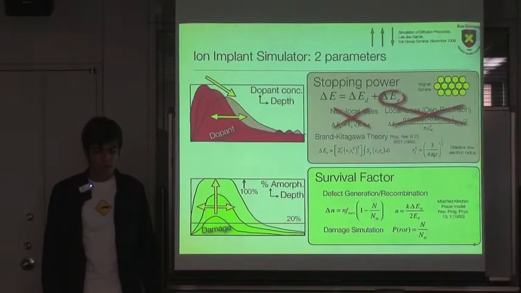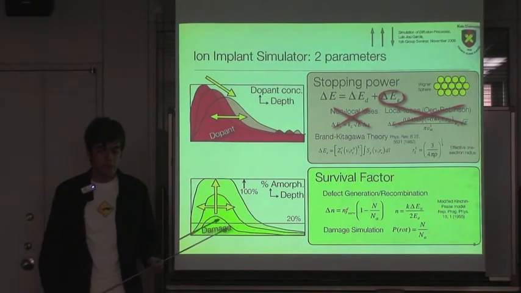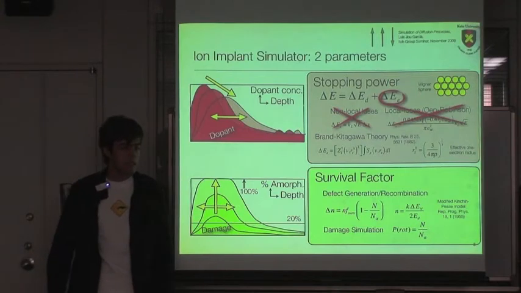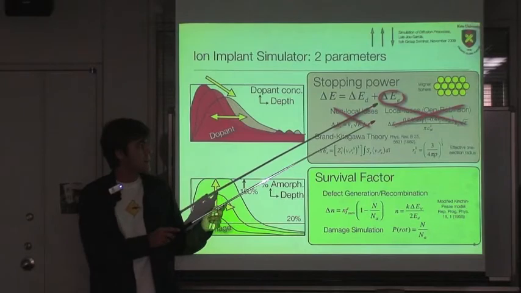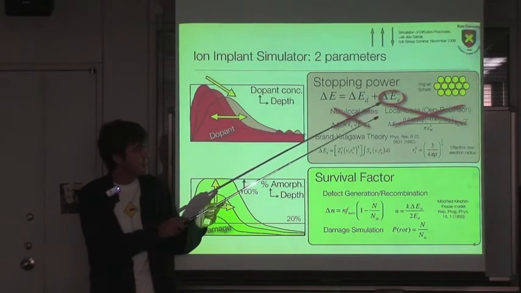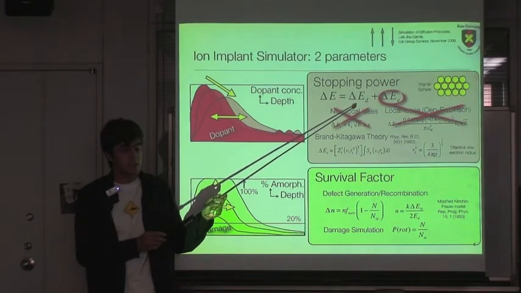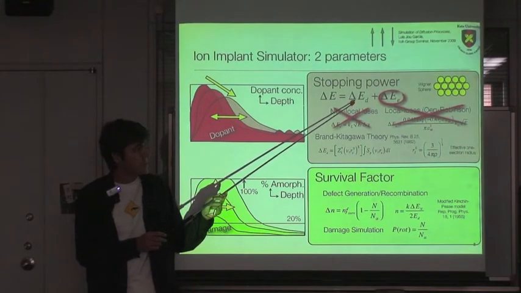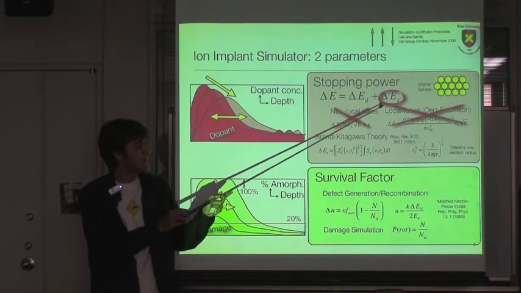The good point about this simulator is that there are two parameters with which you can control almost all the implant process. One of them is the stopping power, that defines how much energy is lost due to electronic stopping. The other component of energy losses is due to recoiling. There are many theories to define this energy.